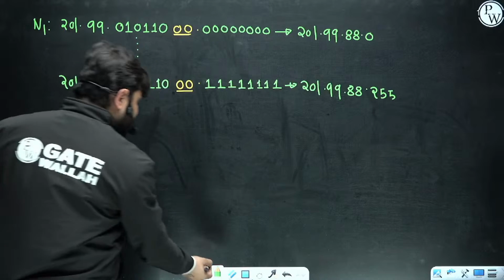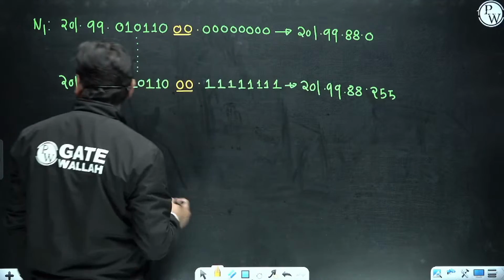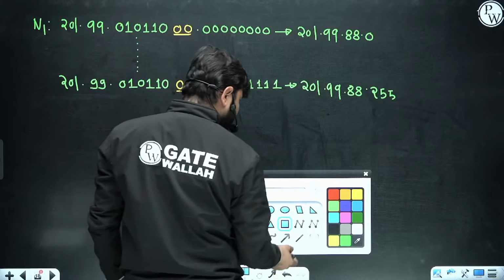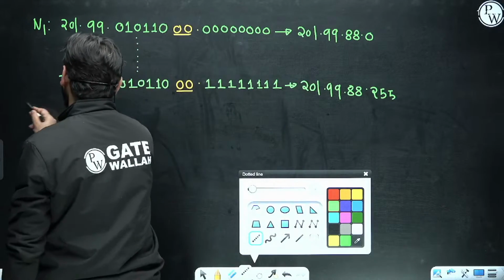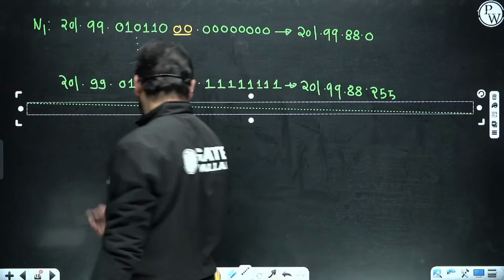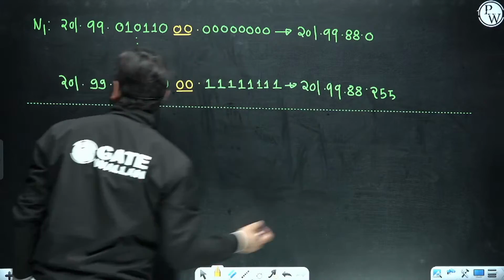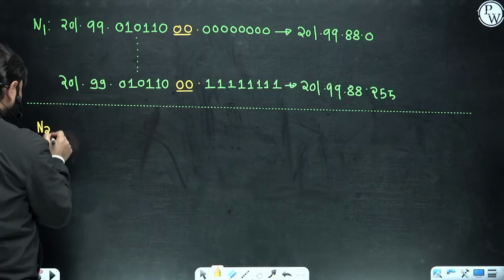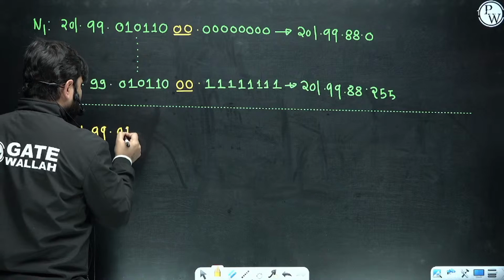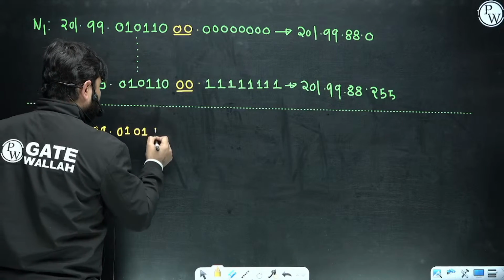Now in the same way, can I find the range of the N2 network? Yes, sure, why not? Now N2: 201.99.010110.